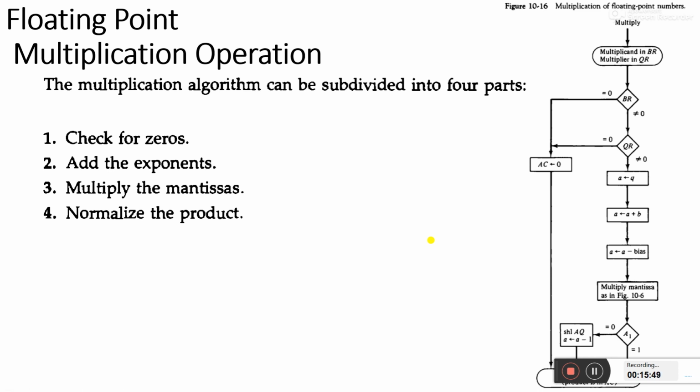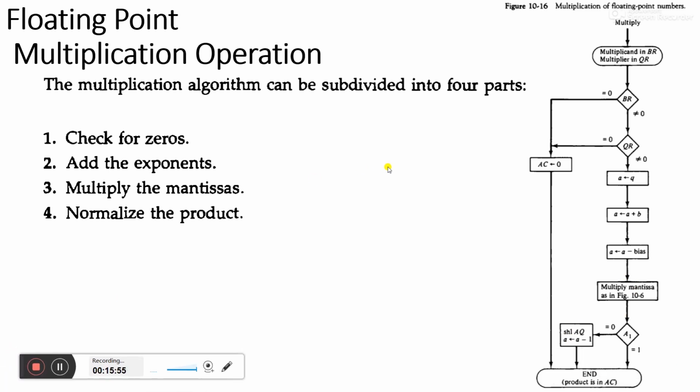Floating point multiplication operation. So what happens in the floating point multiplication operation? The multiplicand is in BR, and the multiplier is in the QR register. We will check BR. If it is 0, then there is no need to do anything, AC must be 0, and I will provide the answer. If it is not equal to 0, then QR will be checked.